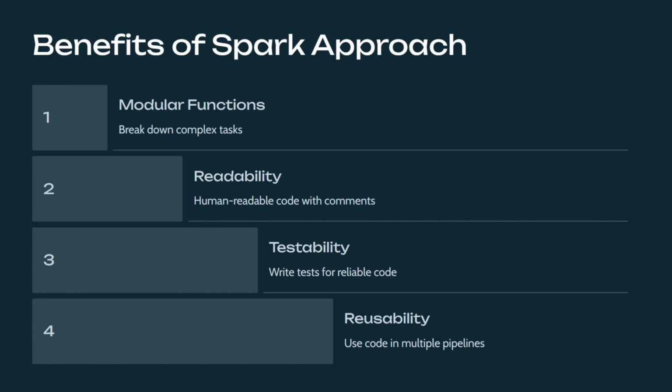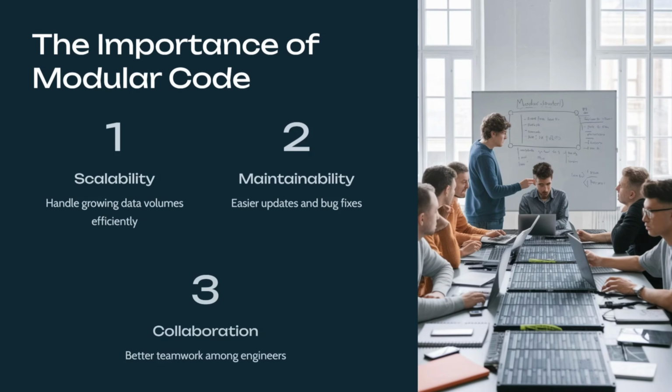It's like building with Lego blocks. Look, I know modular and testable code might not sound as exciting as a roller coaster, but trust me, it's a game changer when you're dealing with a mountain of data and a team of engineers. It's the difference between a well-oiled machine and a chaotic data dumpster fire.